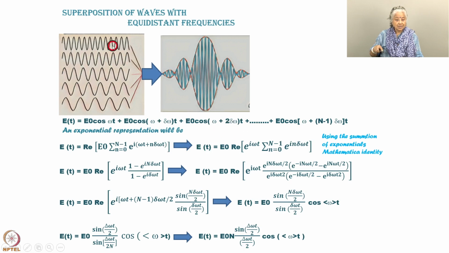The next one will be 4 delta omega, and so it will go on until you have n such frequencies, which will be omega plus (n minus 1) delta omega t. So, here I have added all these waves. It is a superposition, so there is an addition exactly like in the two mode case.